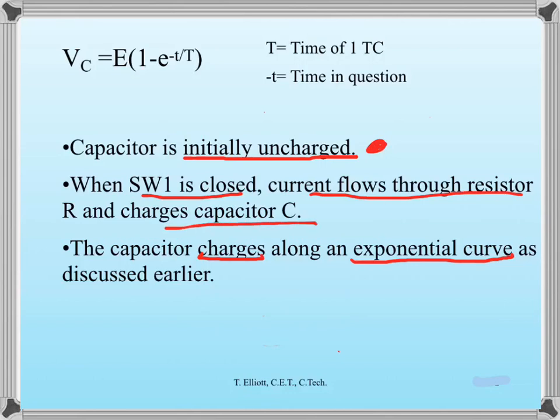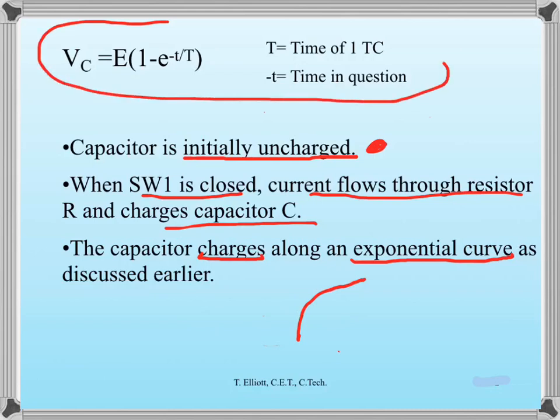The capacitor charges along an exponential curve, which is what the graph we looked at in the beginning is telling us. Just by the way, this here is the exact mathematical equation for the graph. If you were to plot many points using this equation, you would come up with the universal curve graph.